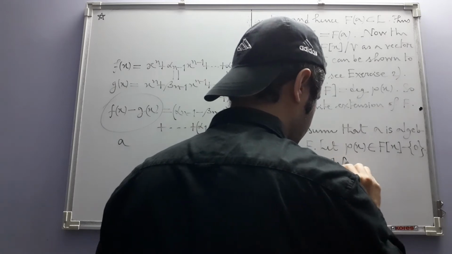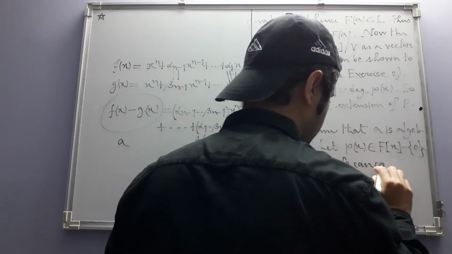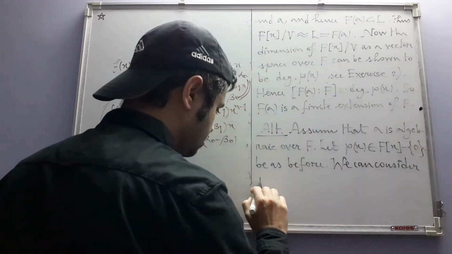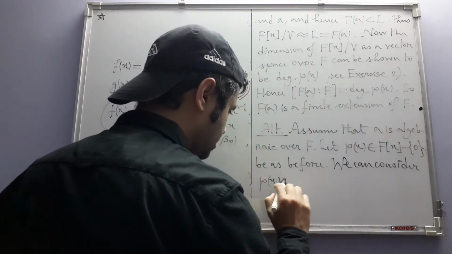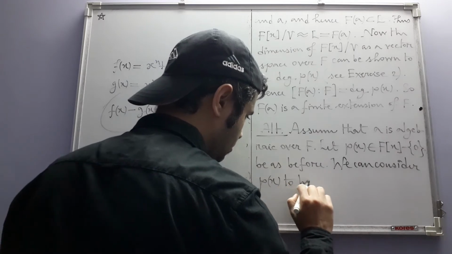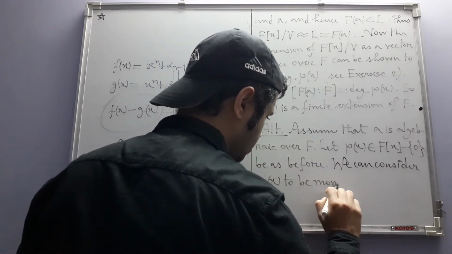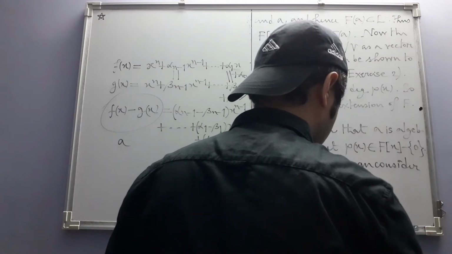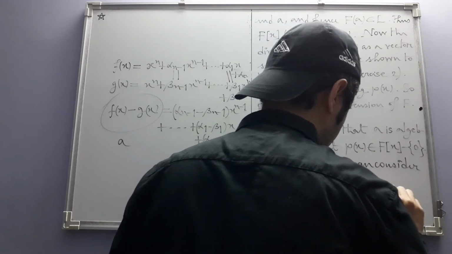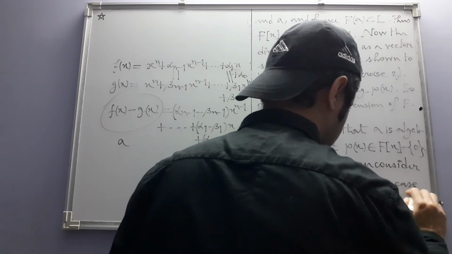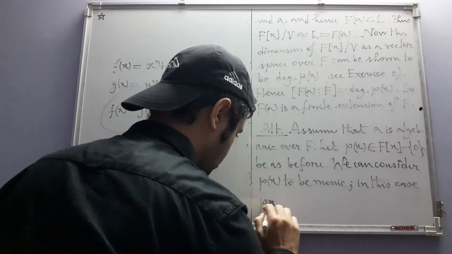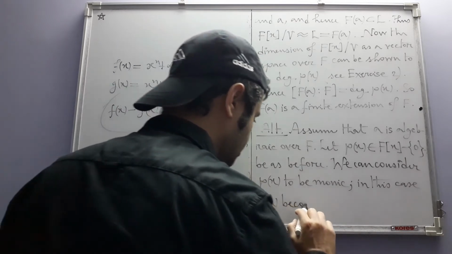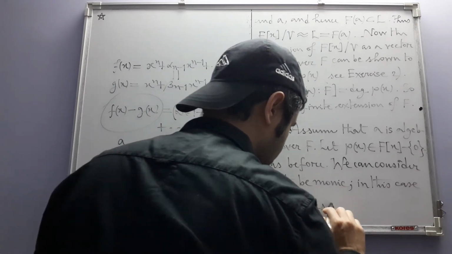We can consider Px to be monic. In this case Px becomes unique. We have already seen why that is so.